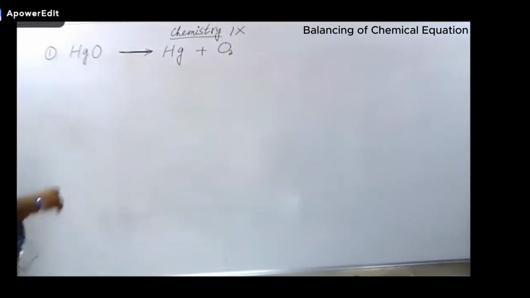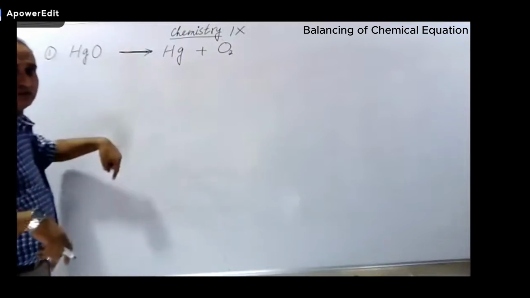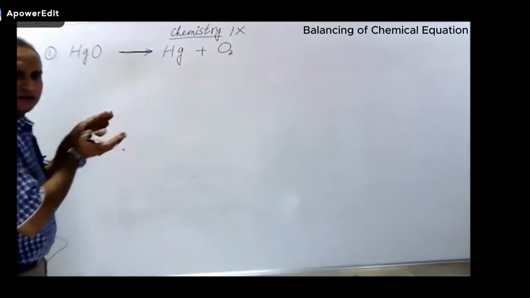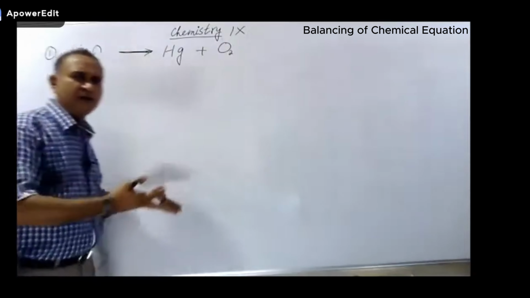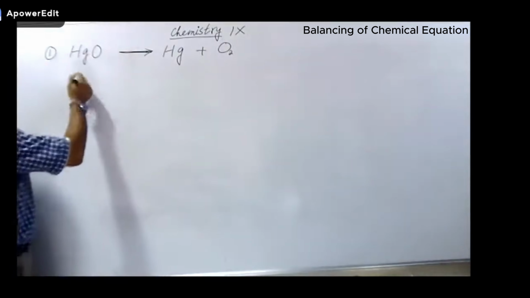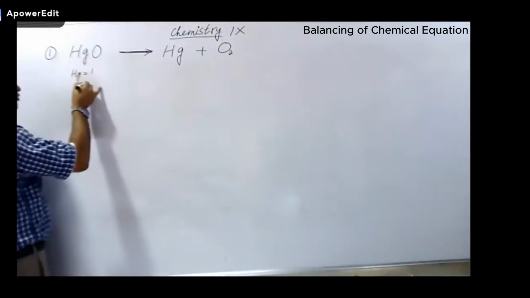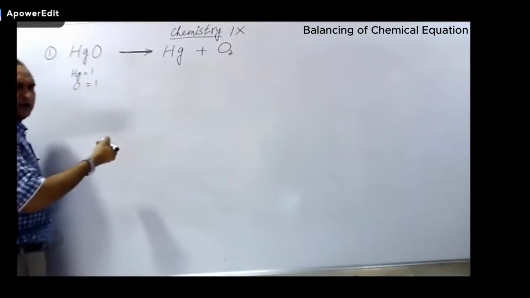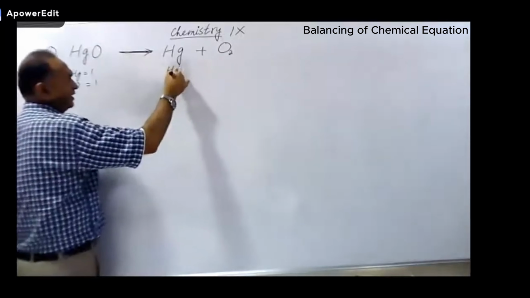So let's see. I told you, you are not supposed to write in the question. Today I will be a little simpler. I will not go into detail, but tell you verbally. Like I write here, how many mercuries? 1. How many oxygen? 1. I will avoid this format today. Then I'll ask how many mercury? 1.